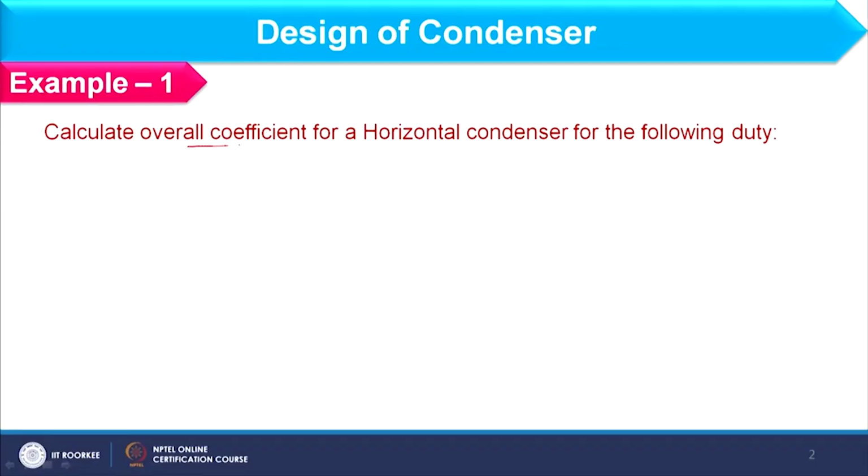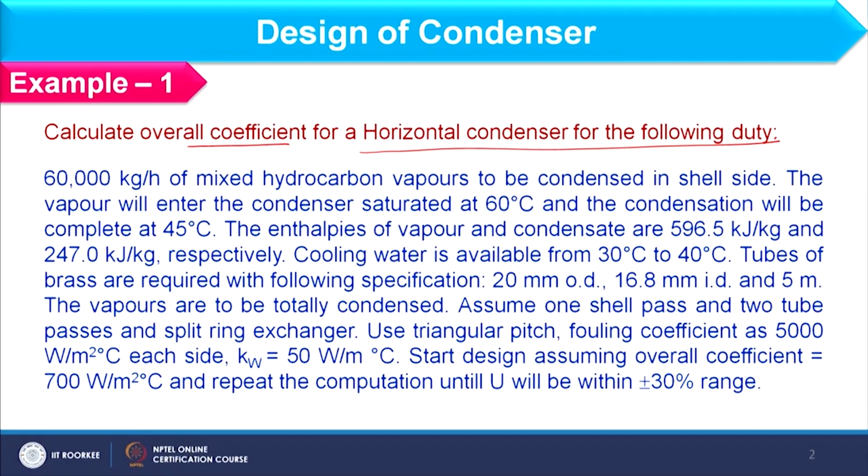So, let us start this lecture with example 1. In this example, we have to calculate the overall coefficient for a horizontal condenser for the following duty. It means the orientation is already given to you. Okay. So, that is the horizontal condenser, and the system is like we have 60,000 kg per hour of mixed hydrocarbon vapor.